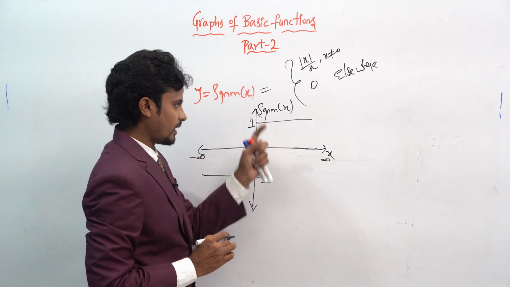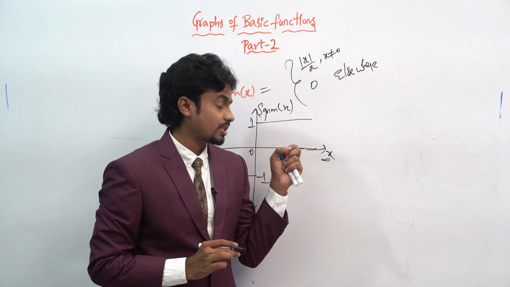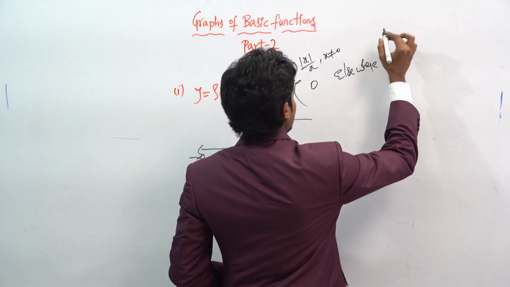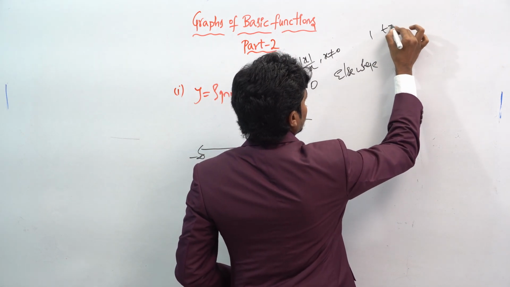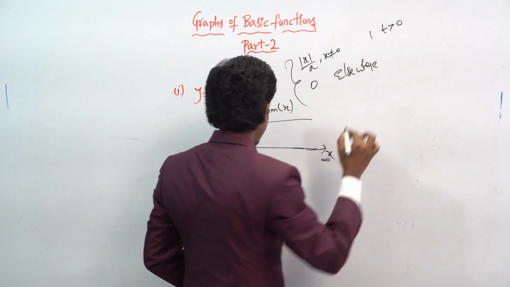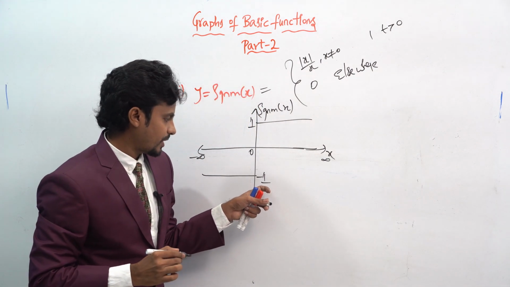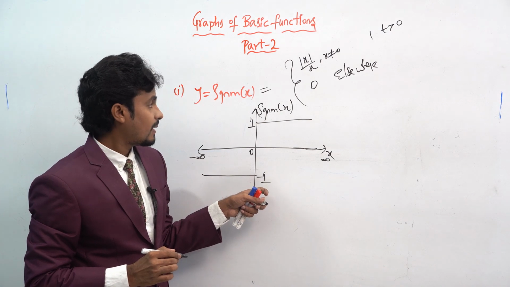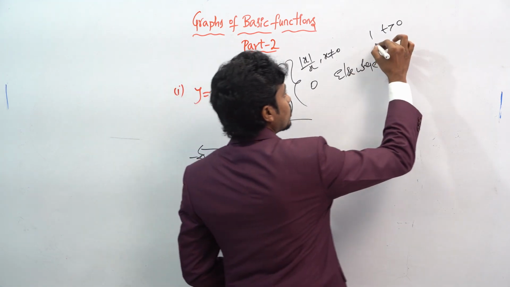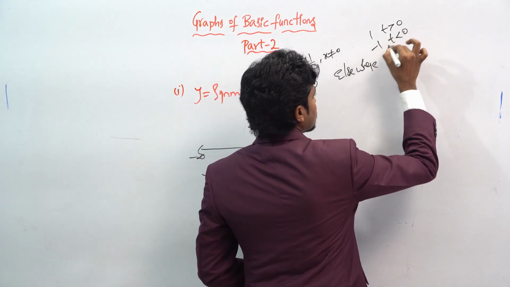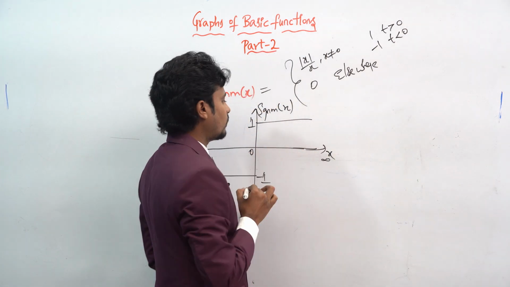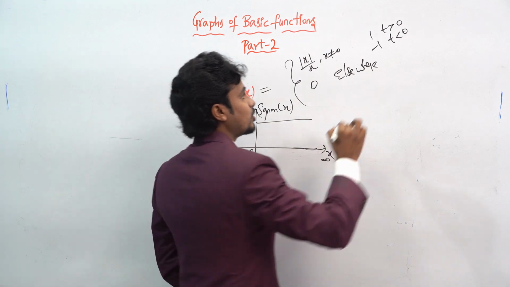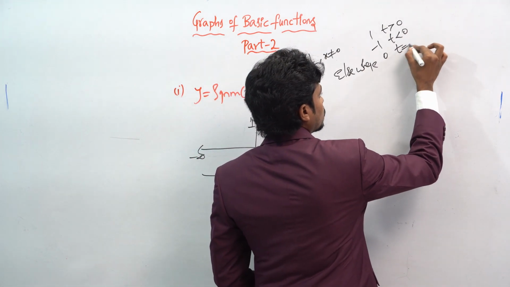For example, if you take a finite value, represented with t, that means 1 for t greater than 0, and if you take some finite value up to t, that will become -1 for t less than 0, and 0 for t equal to 0. This will be the 0 case, right?